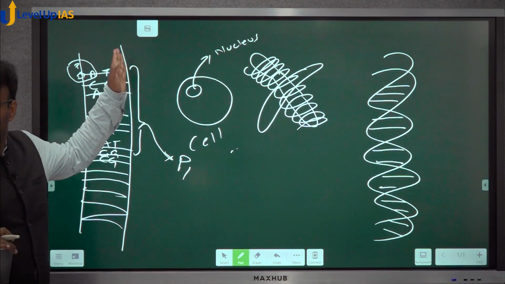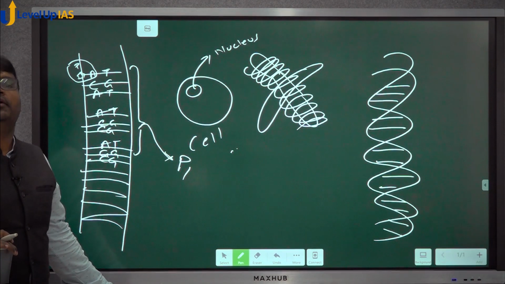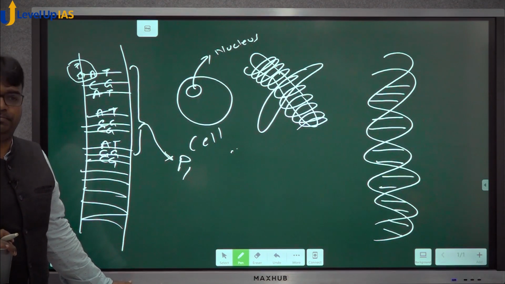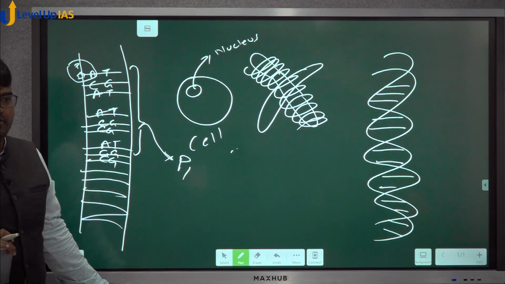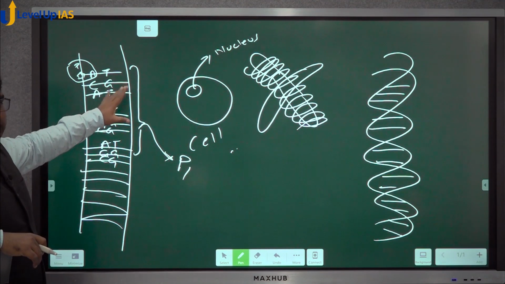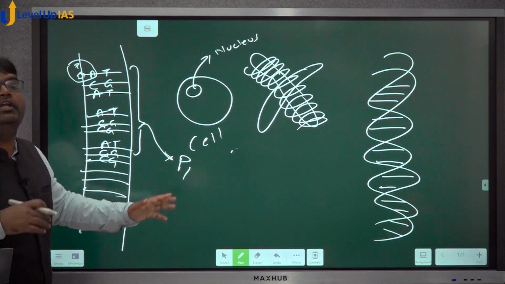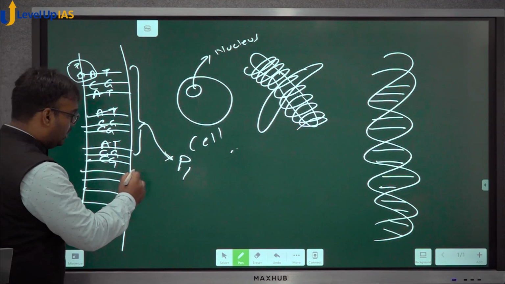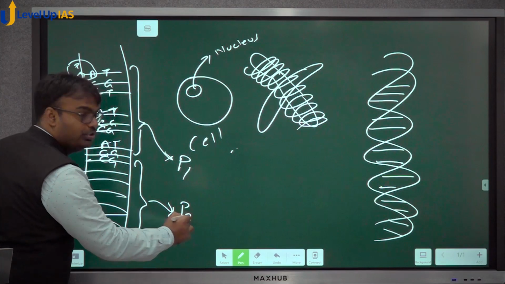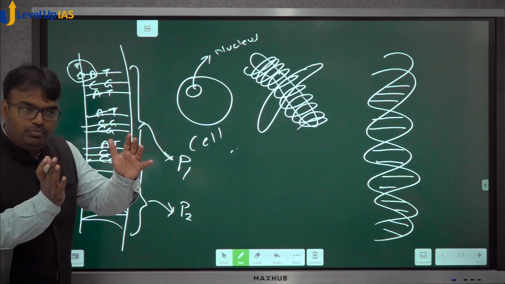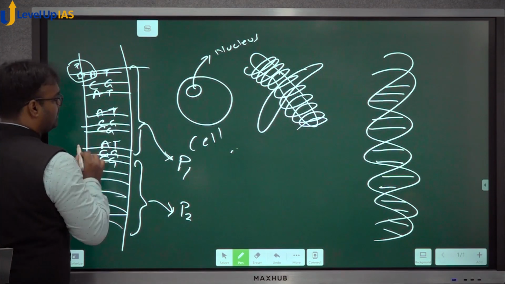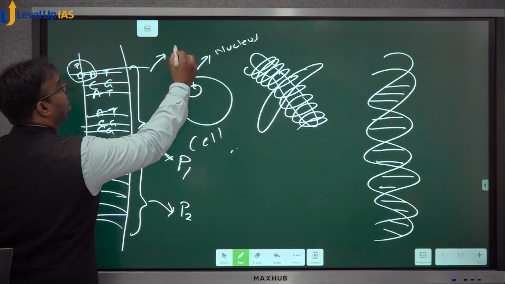This DNA is very long. It has millions of base pairs, it may have more than a billion base pairs. But a few of these base pairs are having information related to one protein. Another set of base pairs are having information related to another protein. This group of base pairs, which is having information related to one protein, this subsection will be called a gene.